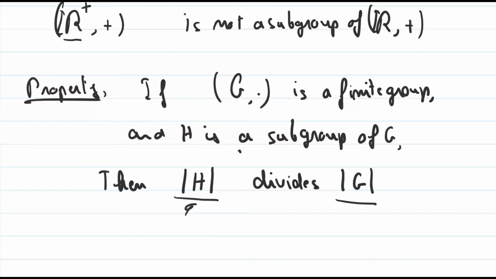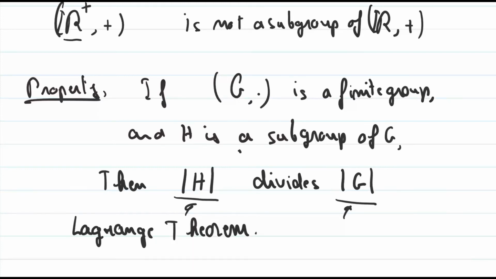It can, for example, have 3 or 5 elements, or 15 elements, or 1 element, a number which divides the number 15. The cardinality of a group is usually called the order of a group. The order of H, the order of G, we mean by that cardinality or number of elements. This is called Lagrange theorem.